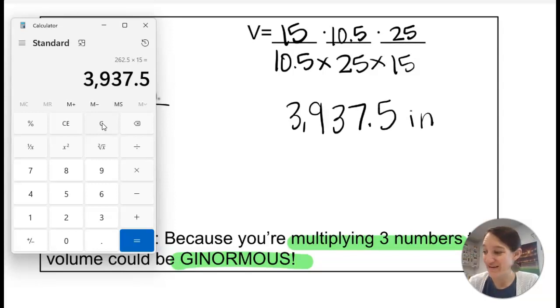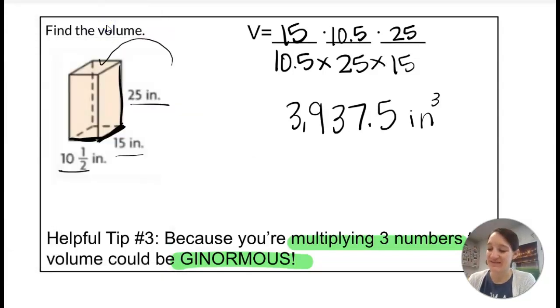Yeah, there is almost 4,000 cubes that will fit inside of this right here, because it's a whole 10 inches, 15 inches, and 25 inches. And the cubes we're putting inside are just a cubic inch. So yeah, that makes sense that you could put in a whole bunch of them, because we're going to have 25 inches just in the height, right?